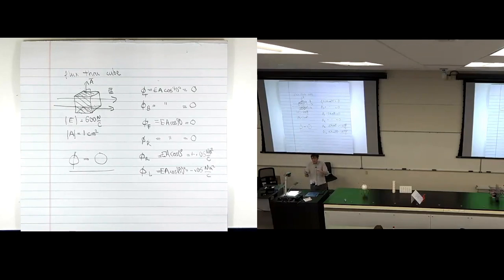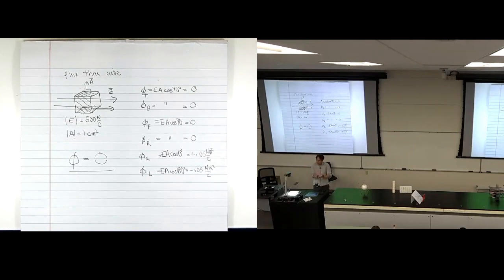Actually, it's interesting. We put a cube in a uniform electrical field, and we found there was no net flux through the cube. But actually, if you put any shape in a uniform field, maybe you put a sphere in there, or a cylinder, or some other shape, no matter what shape you put in there, if it's a uniform field, as much flux goes in as comes out.